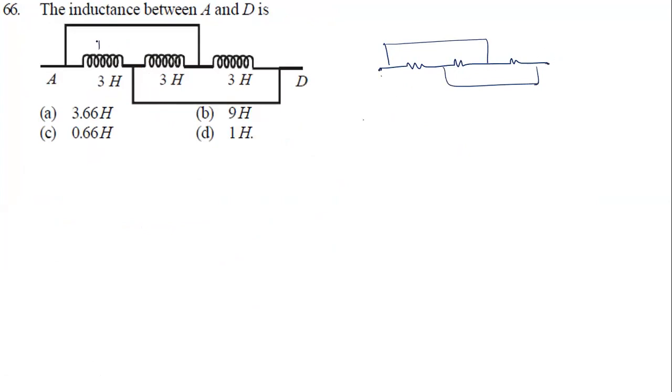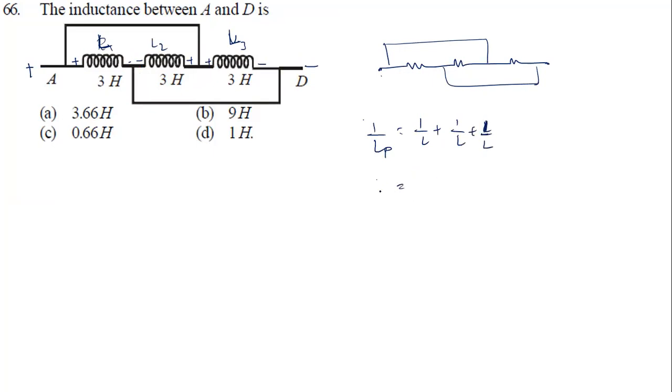This is L1, L2, L3, a parallel combination of inductors. If I take this as the plus terminal, this plus, this plus, and this negative, here negative, here negative, then all three inductors are connected in parallel combination. So 1 by LP equal to 1 by L plus 1 by L plus 1 by L.